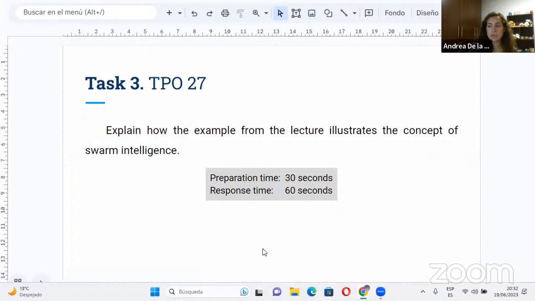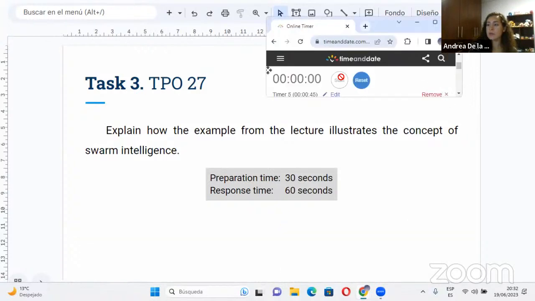Now, explain how the example from the lecture illustrates the concept of swarm intelligence. Now you'll have 30 seconds to prepare your responses.